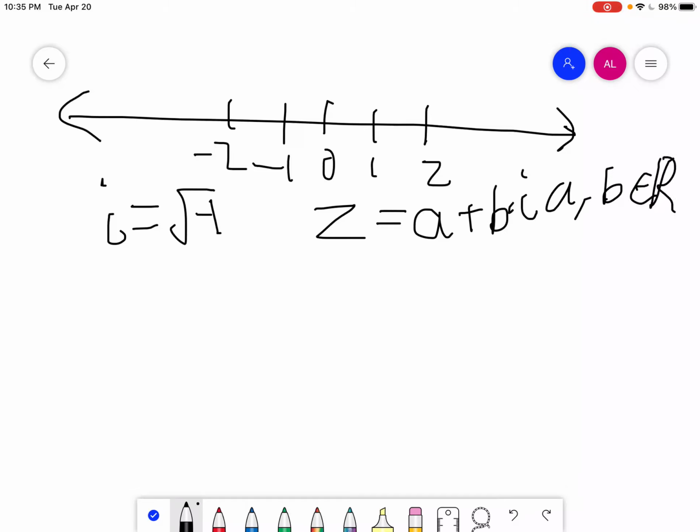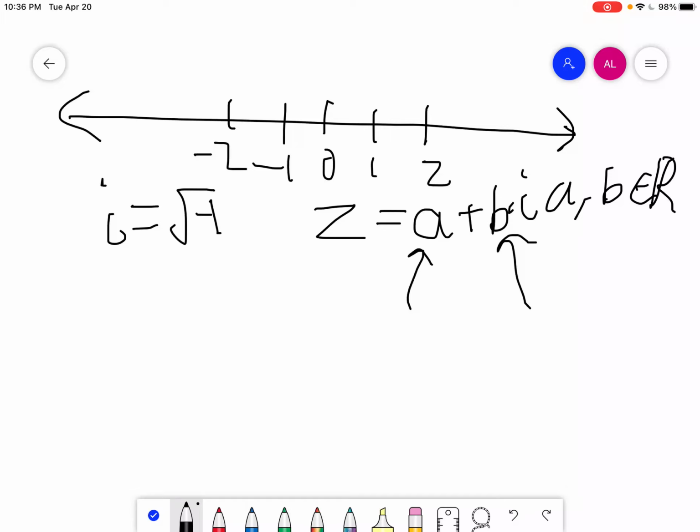So how do we plot complex numbers? Well, there's two things going on. First, there's the imaginary number line, and then there's the real number line going on.